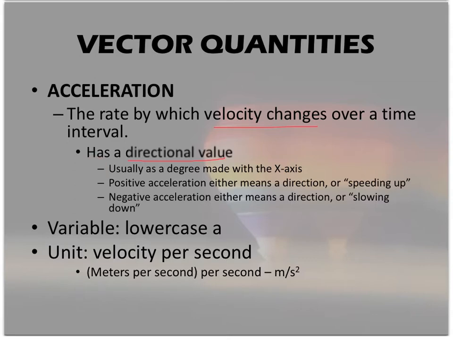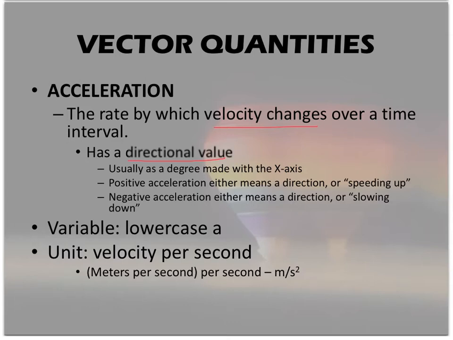You can have a positive acceleration, which either means a directional value, if you've established traveling to the right as being positive and you're accelerating to the right, or it could also be speeding up, going from a lower velocity to a higher velocity. You could have a negative acceleration if you're going in the opposite direction, or if you're slowing down, going from a high velocity to a low velocity.